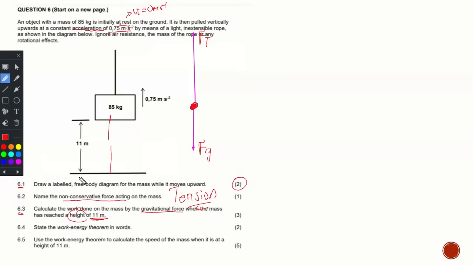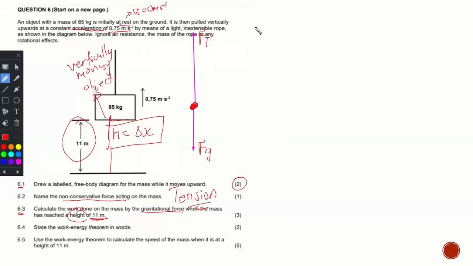So note that the height becomes the displacement for vertically moving objects. So for 6.3, we are going to say work done by what? By the gravitational force. That will break down to mg delta x cos theta.